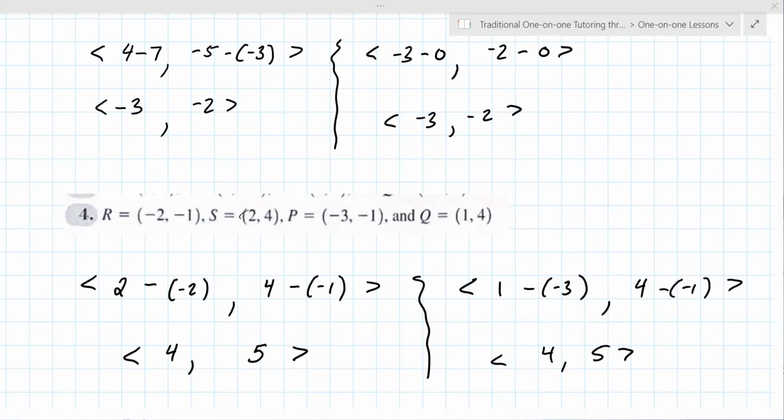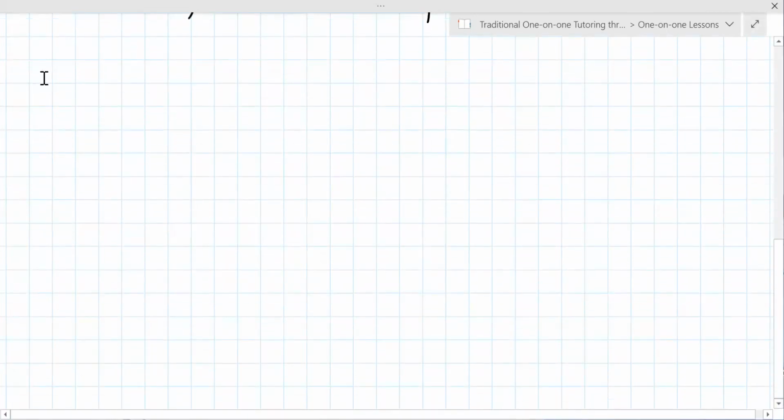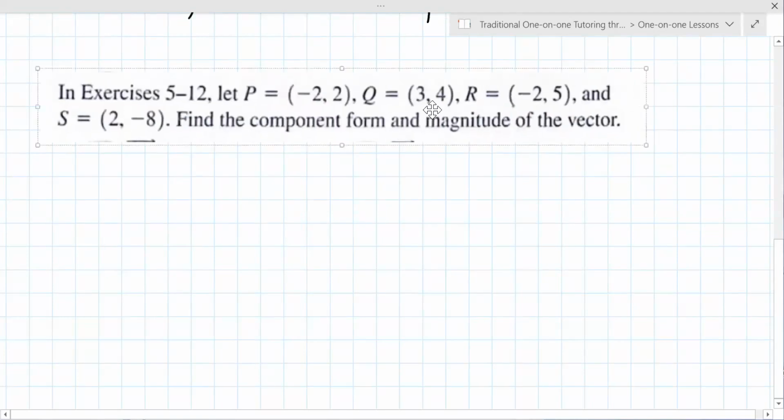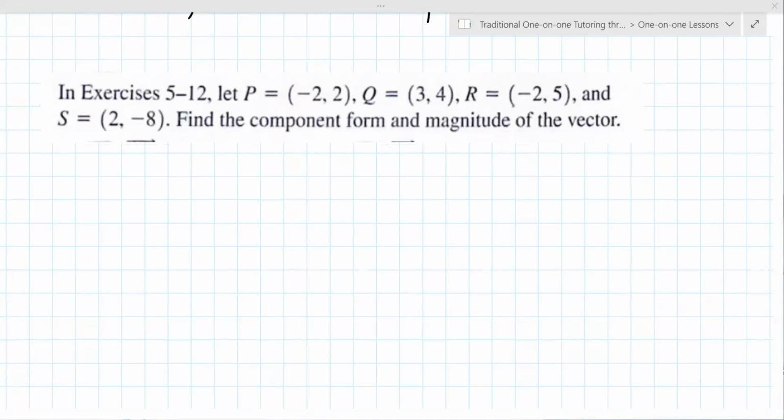So question 9 here. They give you a lot of starter stuff here. Okay, so they give you P, Q, R, and S, and I guess you again have to find the actual vector and then do something with it.